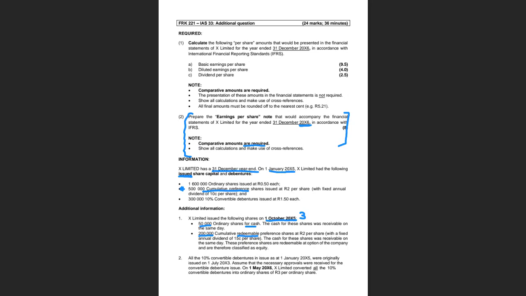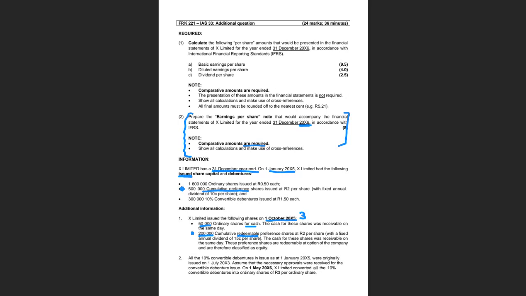But when we look at the point where the circle is appearing now, there's "redeemable" in the name. So that tells us that there are 2 types or 2 classes of preference shares. There are preference shares that are just normal preference shares, with no redeemable element to them, and then we've got a redeemable preference share. So there are 2 types of preference shares that we're dealing with here.